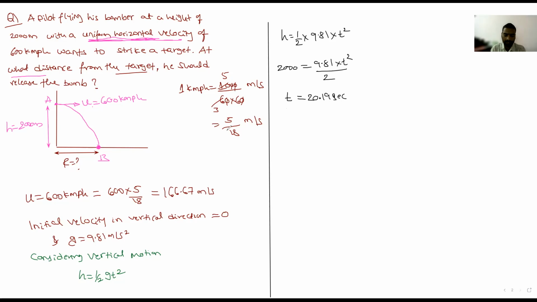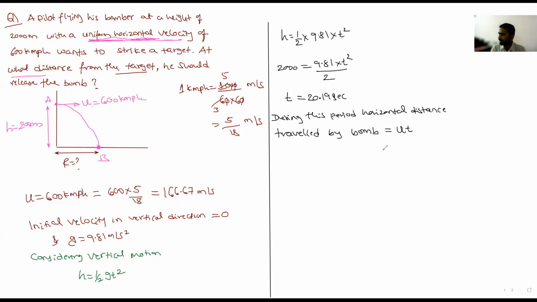During this period, the horizontal distance traveled by the bomb is equal to, what is the formula? U into t. Is it correct, all of you?